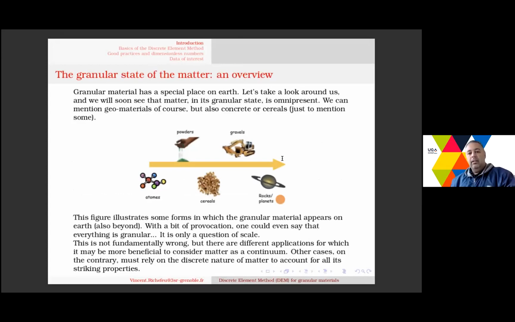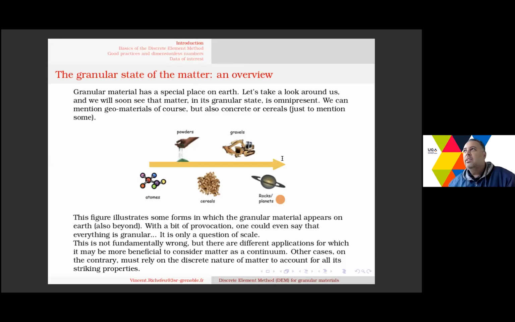If you look around you, you will see that granular materials are omnipresent. But I would say that everything actually is granular. It is a kind of joke, but everything is granular. We can start from the atom size, which are discrete elements, then go to gravel, spheres, and up to planets if you want.